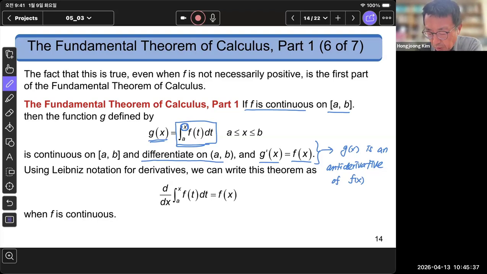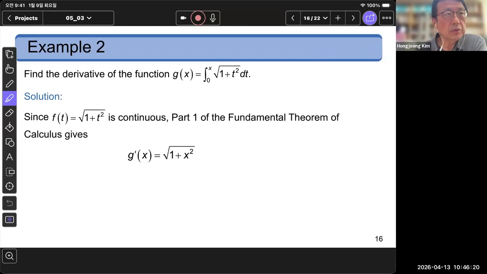When I say it is a function of x, here my x is an independent variable. So when I vary this upper limit, you get a certain function. And that function obtained by this definite integral will be an antiderivative of f. So that is part 1 of the fundamental theorem of calculus.